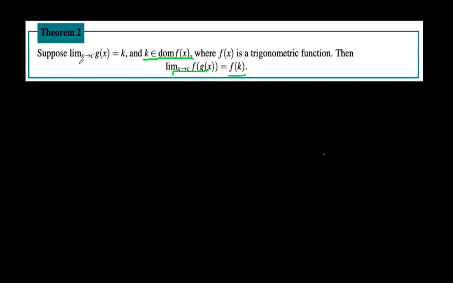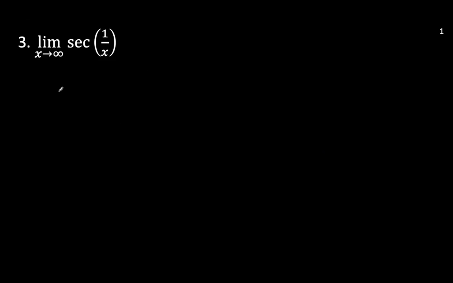This theorem number 2 uses theorem number 1, the one that we discussed a while ago. So as long as k is part of the domain of the trigonometric function, then we can substitute that value into the function f.